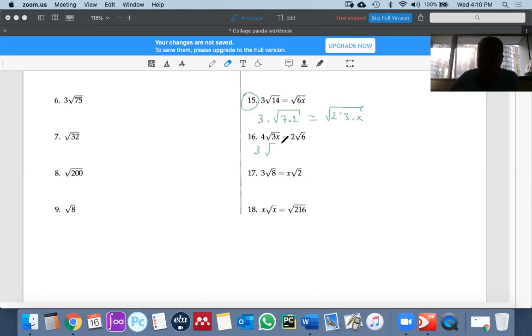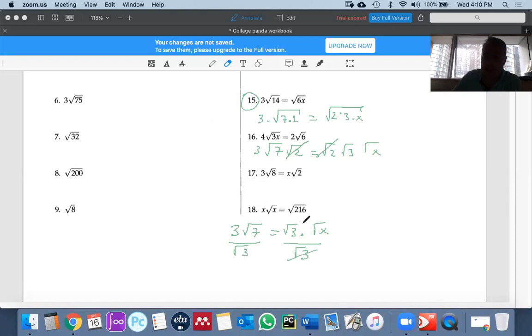So 3 times root 7, root 2. So root 2, root 3, and root x. We can say up to here. And root 2 and root 2, if we simplify, we will get 3 root 7 equals root 3 times root x. After this step, divide root 3 both sides.